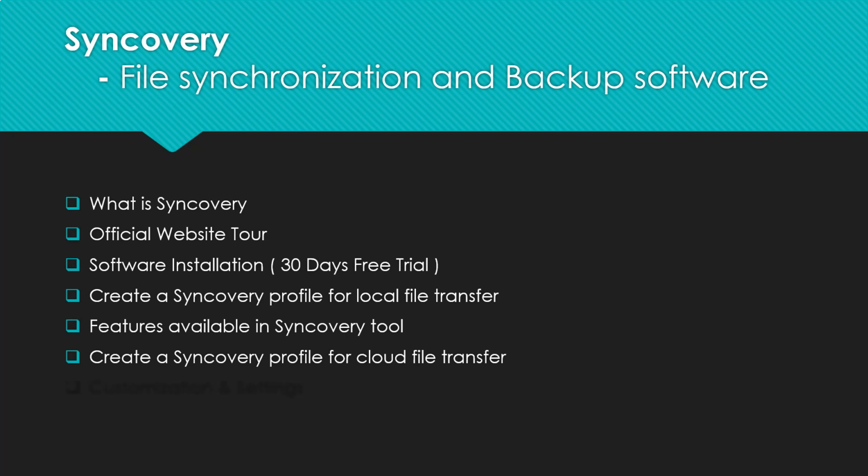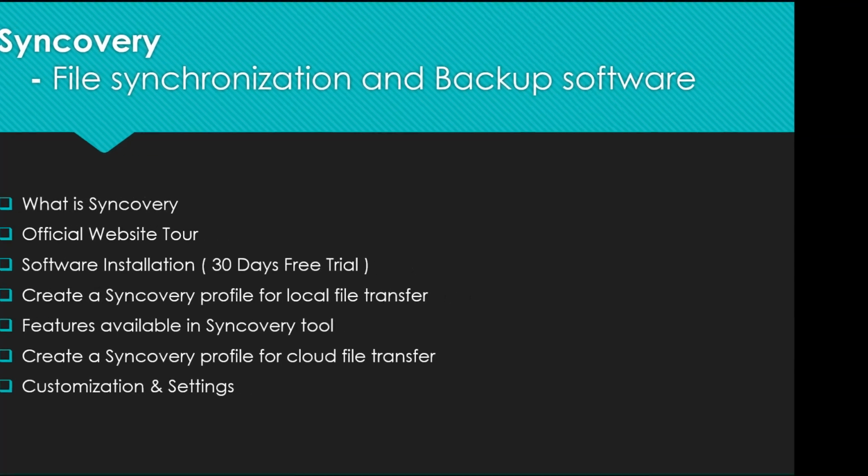The important thing here is that you know how to configure this tool to upload local files to a cloud directory and also download files from a cloud drive to your local computer. We will try to cover this in detail, and lastly we will take a look at what different customizations you can do apart from the bunch of settings already provided in the tool. All right, let's get started then.